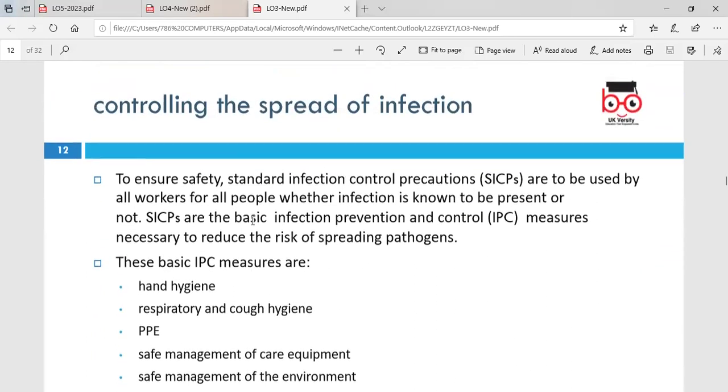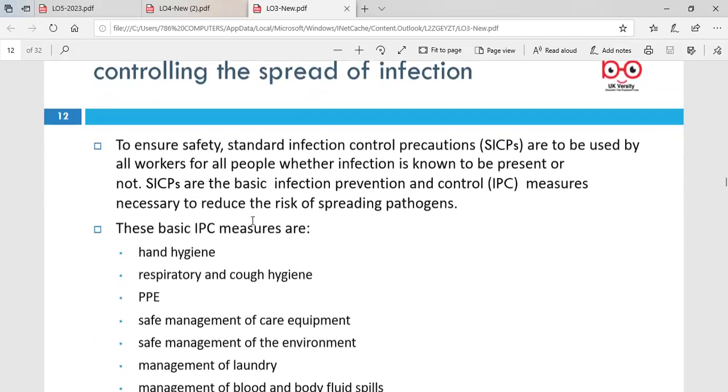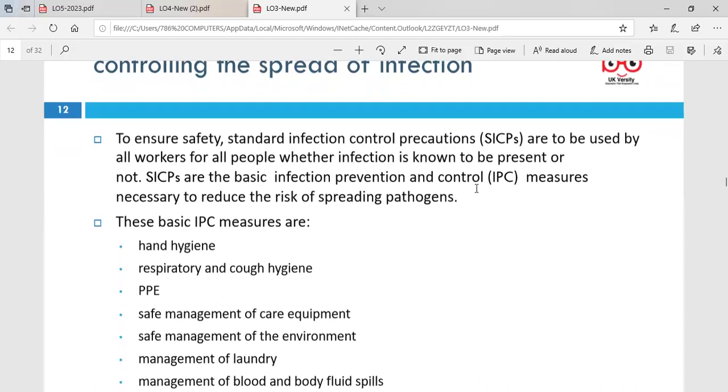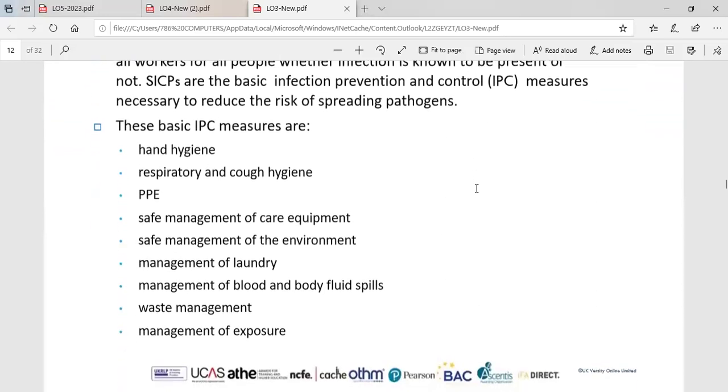So then we're talking about controlling the spread of infection. How is that going to happen? The basic standard infection control procedures can be used for all workers. Then you have the infection prevention and control IPC measures that are necessary to reduce the risk of spreading infection.